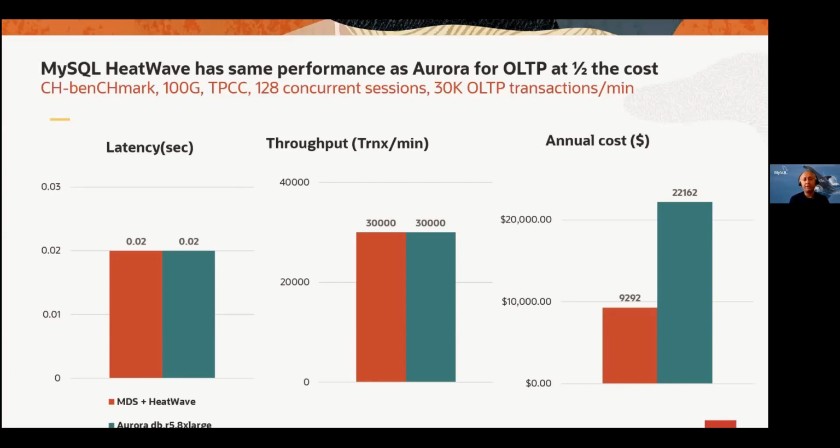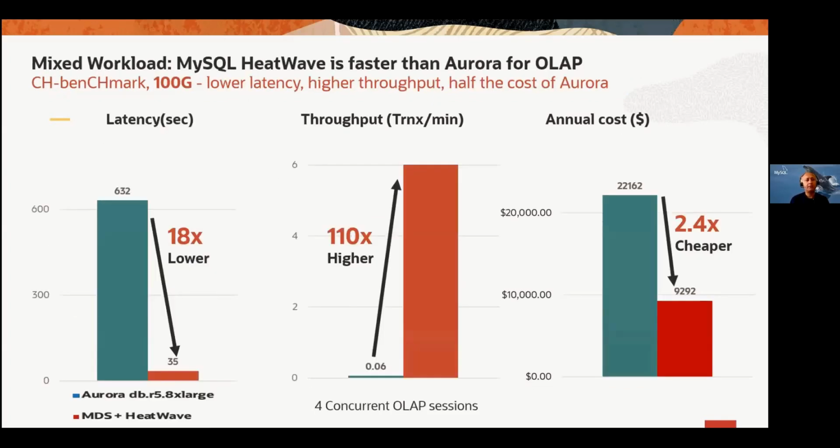So if it's only OLTP, your performance remains at par with Aurora. If you have small workloads but little complex queries, then you're going to be about 20 to 100 times faster than Aurora with HeatWave. And if you have larger data sizes or more complex queries, then you're going to be much, much faster, like 1400 times faster compared to Aurora. But the thing which always remains constant is the much lower cost.